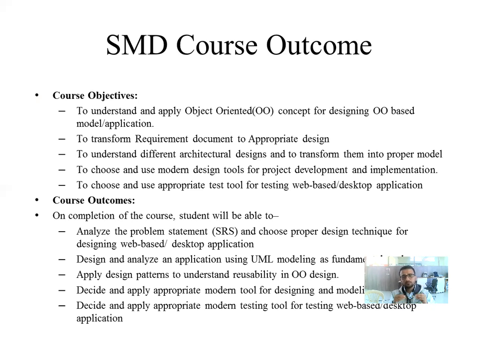We are also going to learn how to choose the appropriate design tool for a particular project or for particular development and implementation. Then the last objective is to choose and use the appropriate test tool.